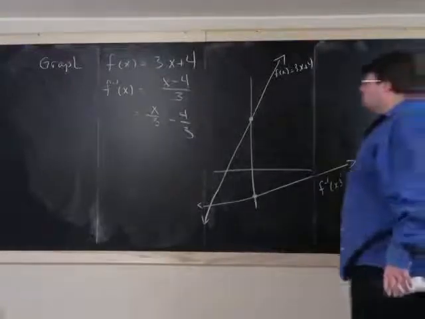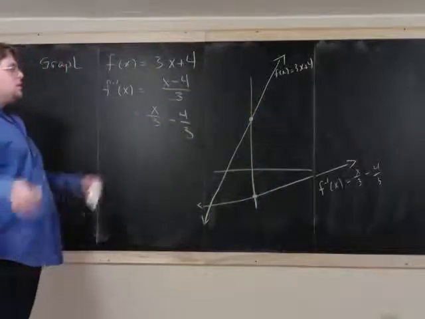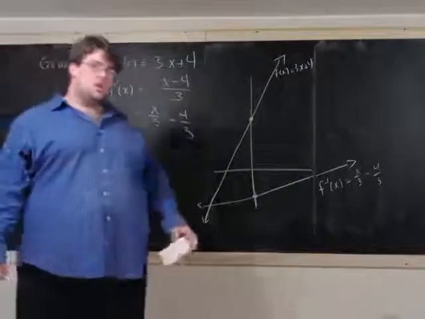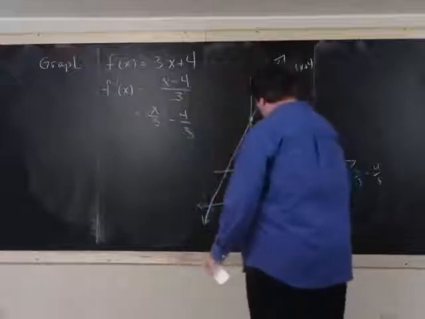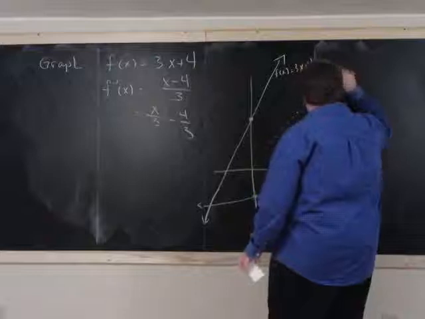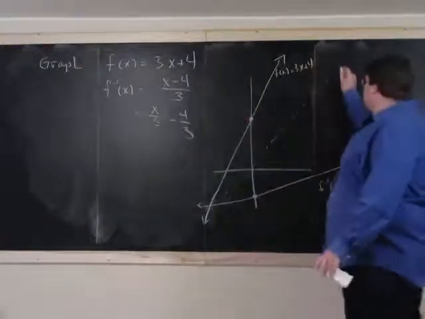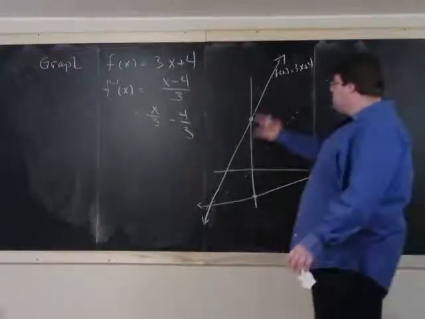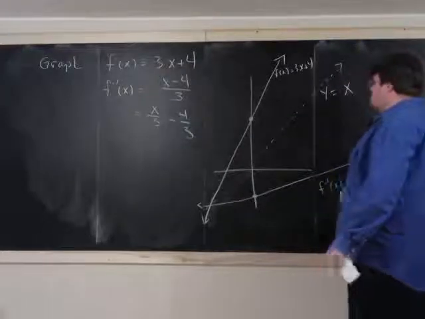Now, one thing you'll notice about these graphs, both of these lines look like they might share a property. That composition definition is reflected in this graph. Notice that these two lines that we drew are symmetric about the line y equals x.